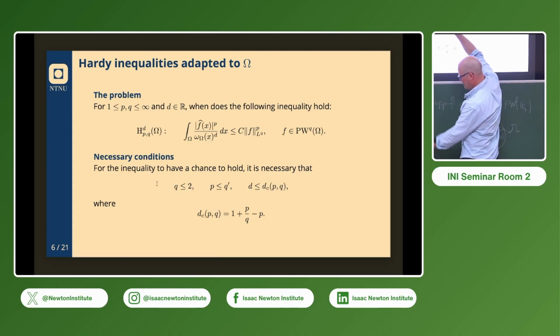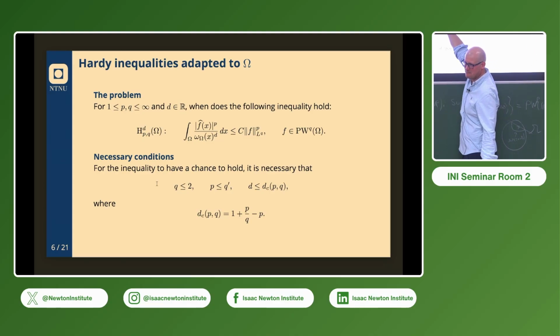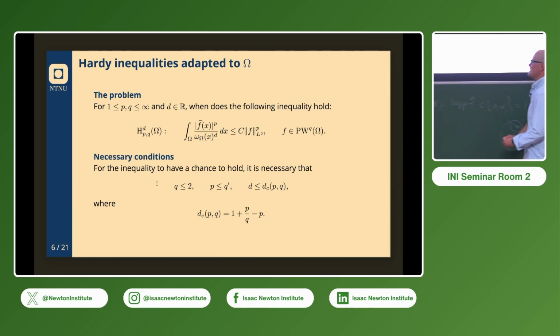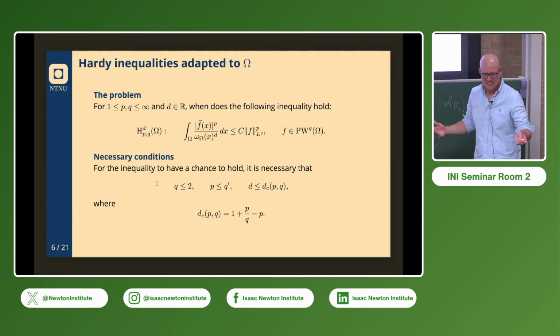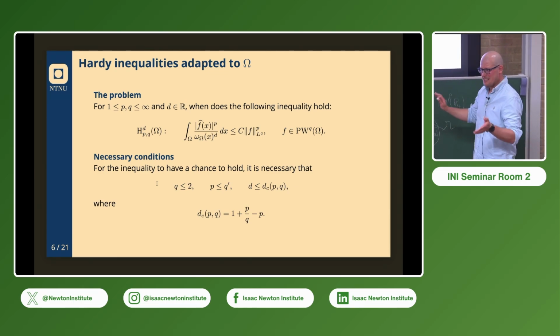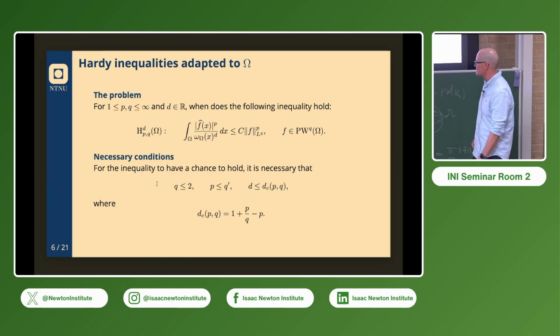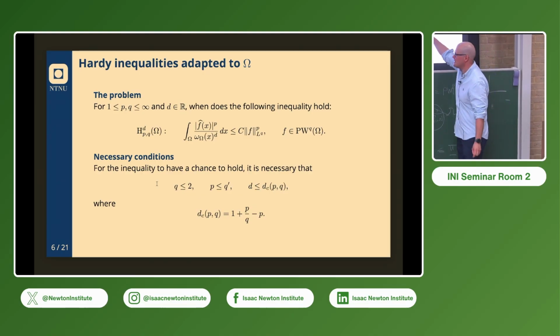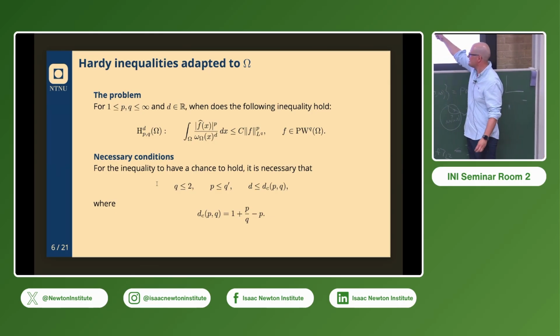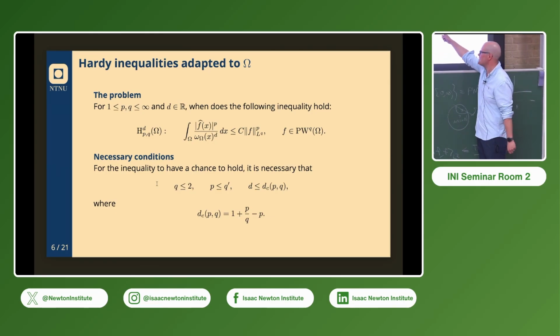Here we have the powers 1 and 2, and then you can ask for which d you're interested in this. Maybe you can interpolate between inequalities, so it makes sense to have a wider range of parameters. I'm not going to go into that, but you can see anyway that it's always necessary, no matter the domain, to have these conditions.